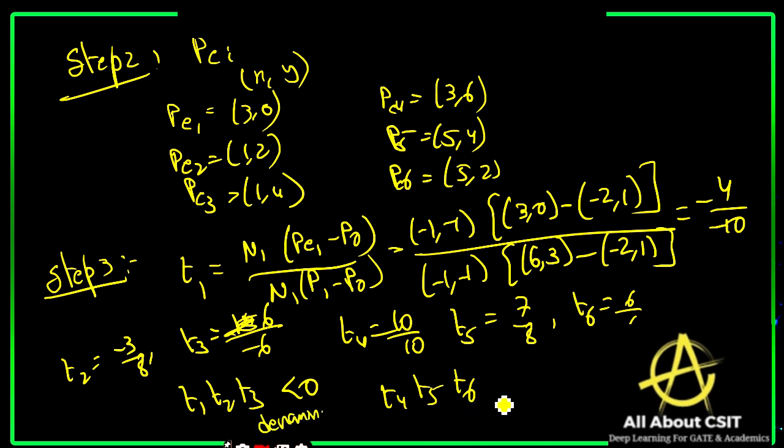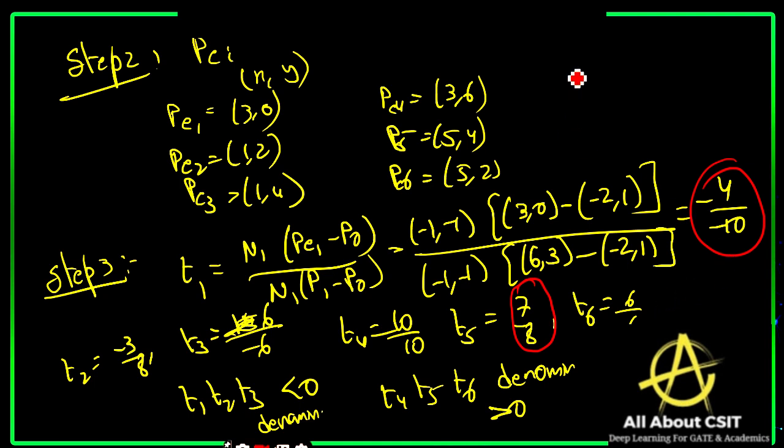For T1, T2, T3 the denominators are less than 0, and for T4, T5, T6 the denominators are greater than 0. When the denominators are greater than 0, you have to choose the lowest value in these three. In these three, the denominators are less than 0, so we choose the highest value.